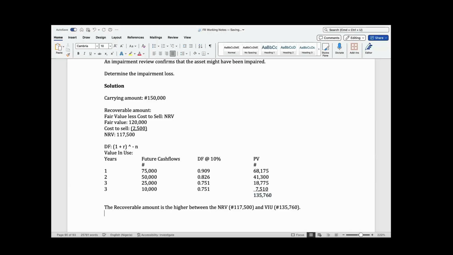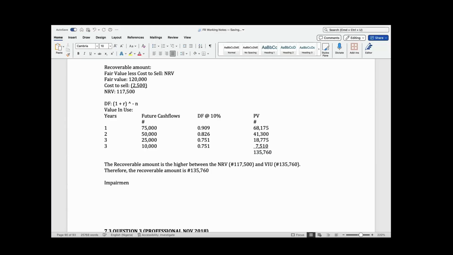So therefore, how much is the recoverable amount? 135,760. Correct.